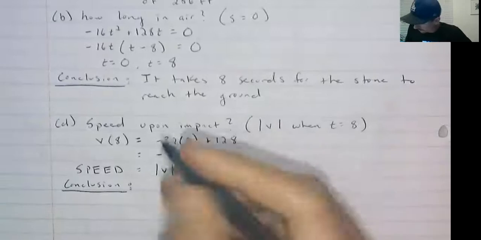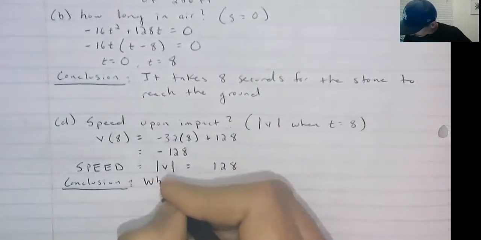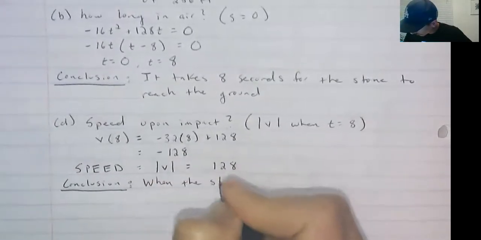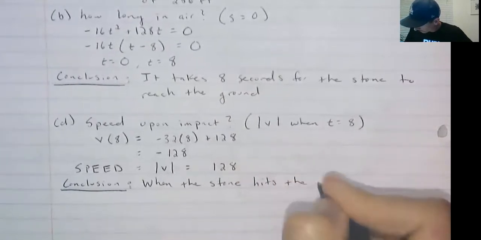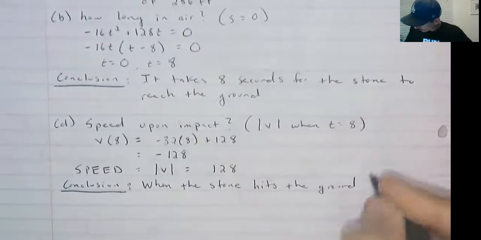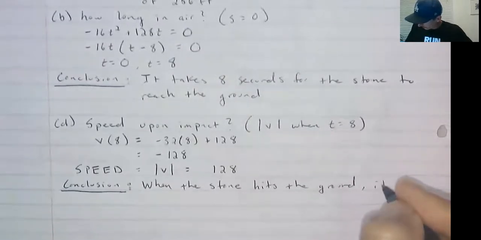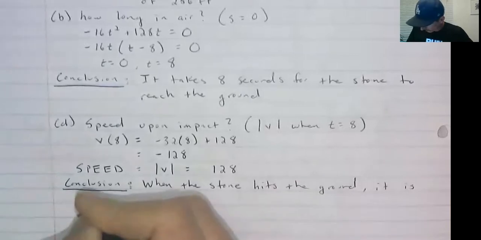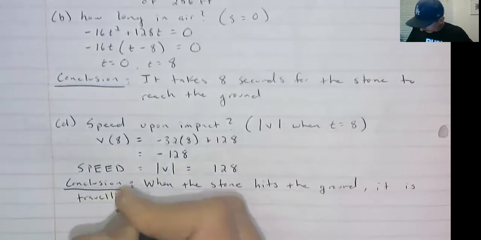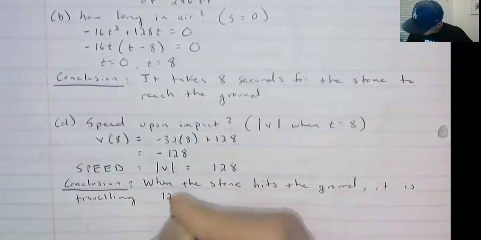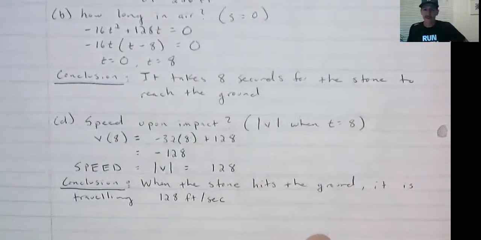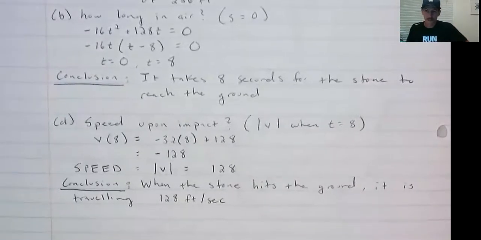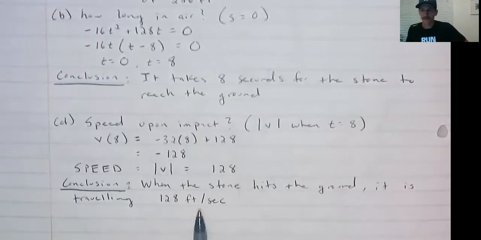The conclusion here is when the stone hits the ground, it is traveling 128 feet per second, which the astute observers among you might be thinking, oh, that's how fast it's moving when it left your hand.